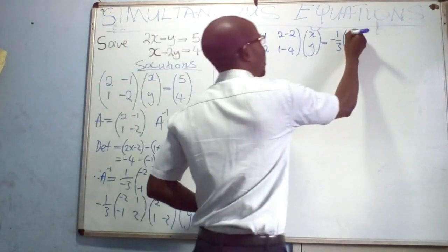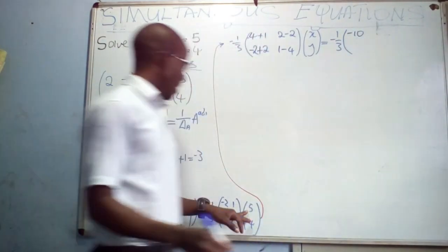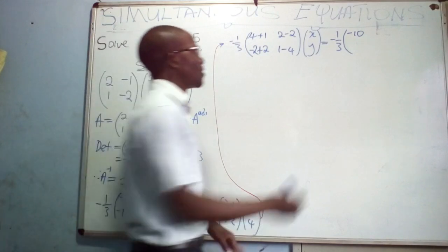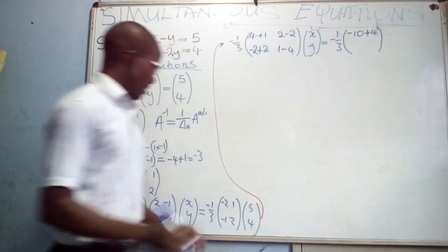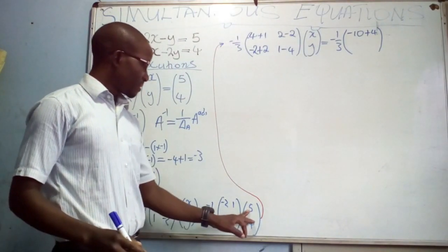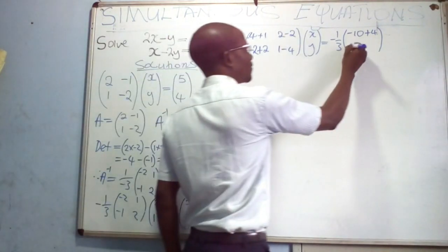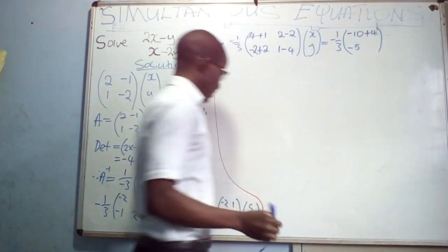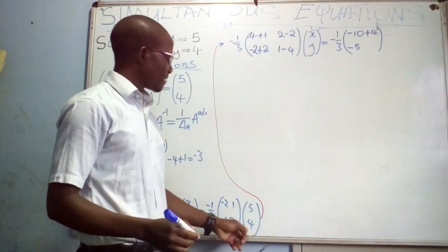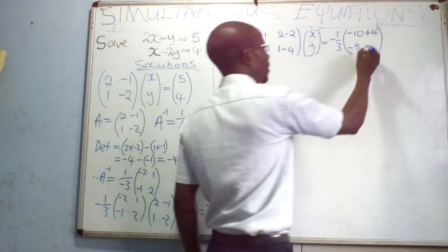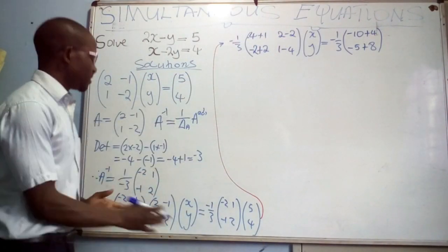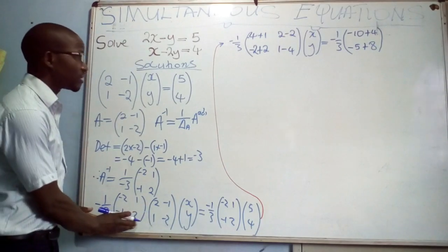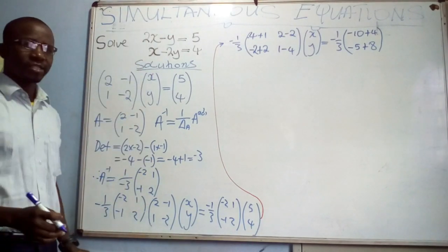Then we have a negative 10. 1 times 4, positive 4. Negative 1 times positive 5, negative 5. 2 times 4, positive 8. Like that. At this point, we have multiplied the inverse matrix throughout the matrix equation.